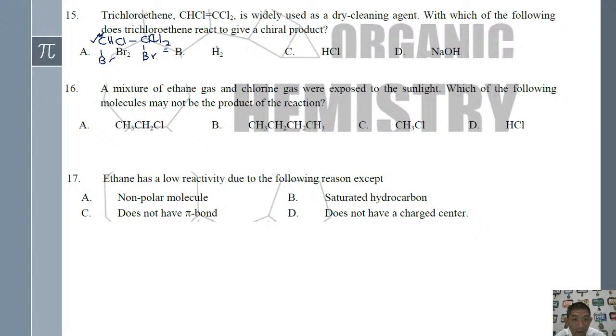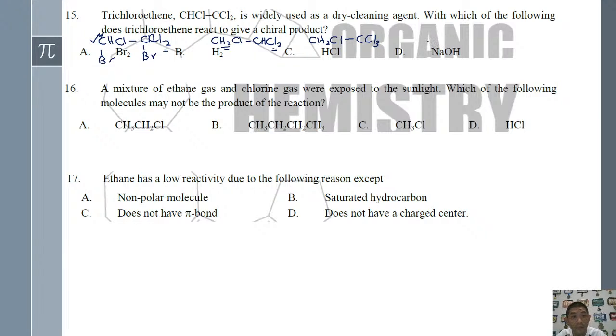If hydrogen, what is the final product? So you have CH2Cl, CHCl2. Because of the 2 and 2, this cannot have a chiral carbon product. And HCl, according to the Markovnikov rule, you have CH2Cl and CCl3. So both do not exhibit this. And the chlorine, when you react with sodium hydroxide, what is the expected product?